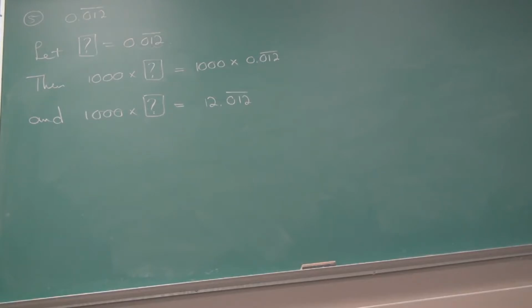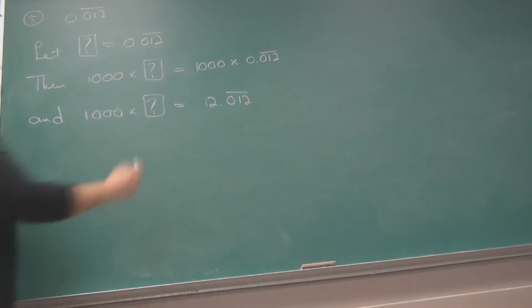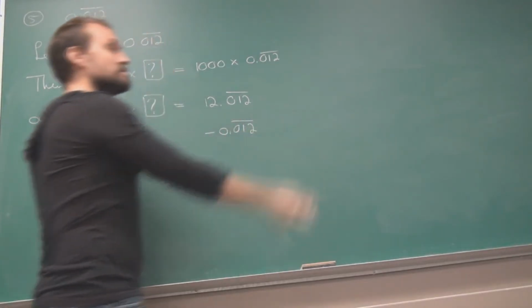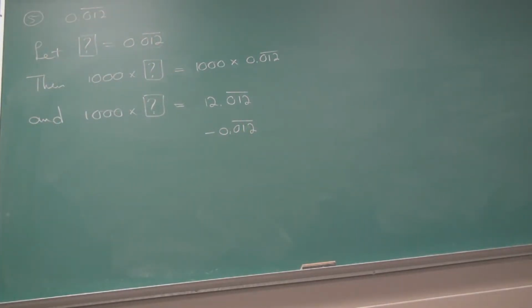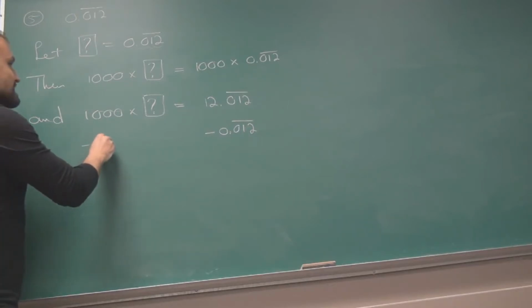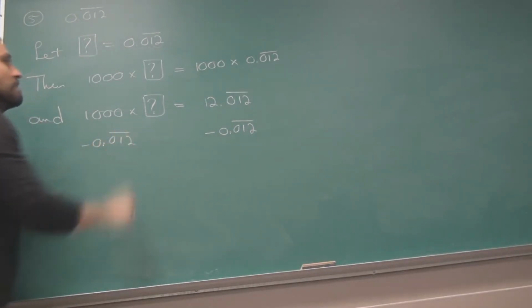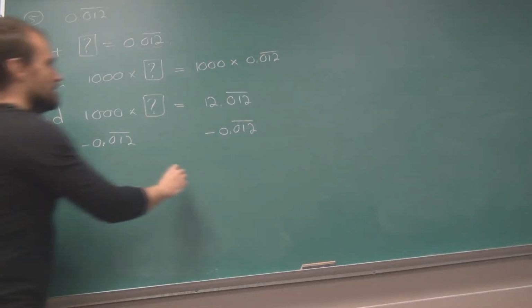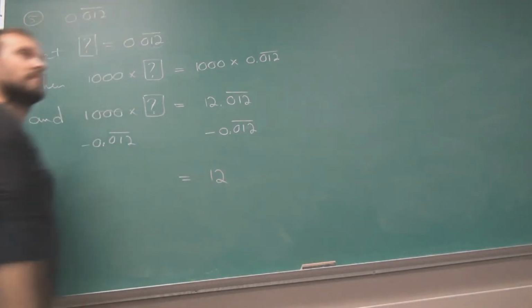I want to get rid of that decimal portion. Now it's obvious what I have to take away, the decimal portion. I like the 12. 12's okay. I want to get rid of those decimals that never end. But I have to do it on both sides in order for the equation to be balanced. The right-hand side is going to be totally fine, because I just have a 12 left.